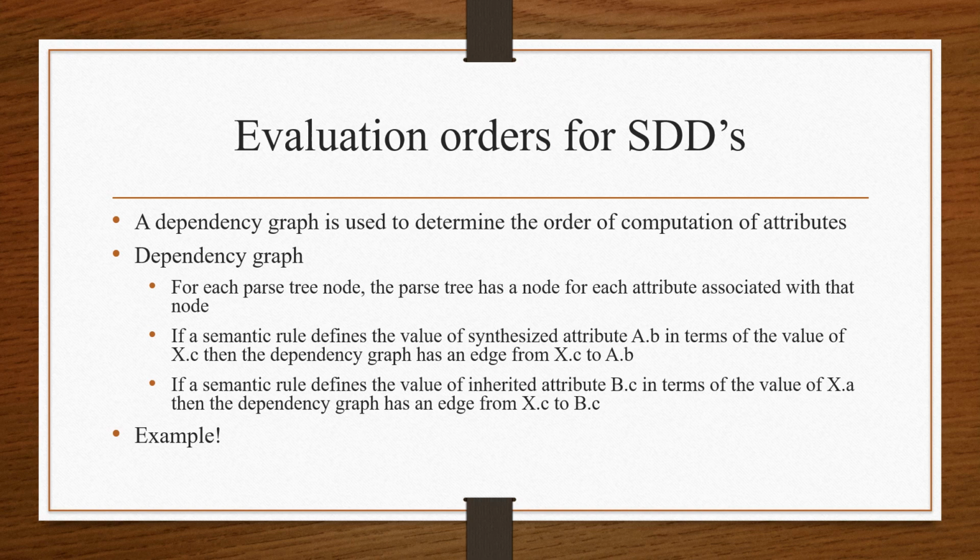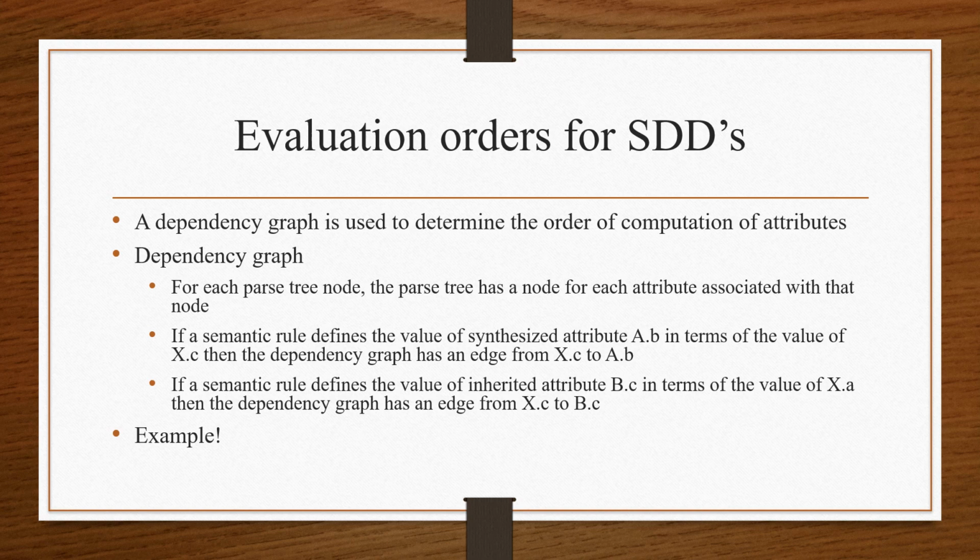For each parse tree node, the graph has a node for each attribute associated with that particular node. If a semantic rule defines the value of synthesized attribute A.B in terms of the value of X.C, then the dependency graph has an edge from X.C to A.B.